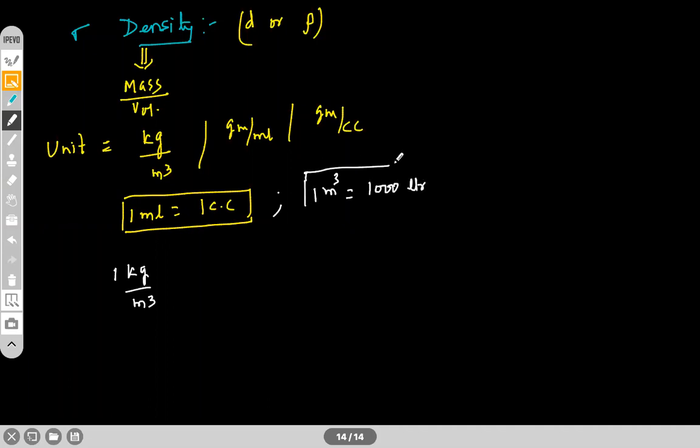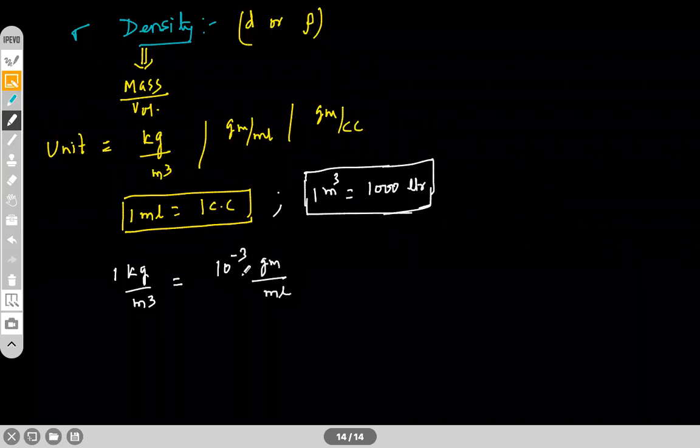This also you should know. And 1 liter is 1000 ml, right? So 1 kg per meter cube, when you substitute all the values, you'll get 10 to the power minus 3 gram per ml.